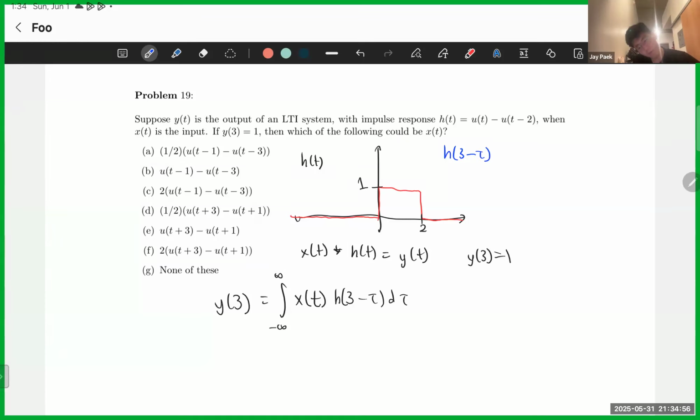This would be something that looks like this.